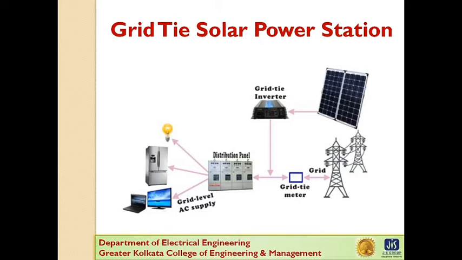As we already told, there is another type of grid use where multiple microinverters are used. Here one microinverter is connected for each individual solar module. The basic block diagram of this system is very similar to the previous one, except the microinverters are connected together to produce the desired high AC voltage.